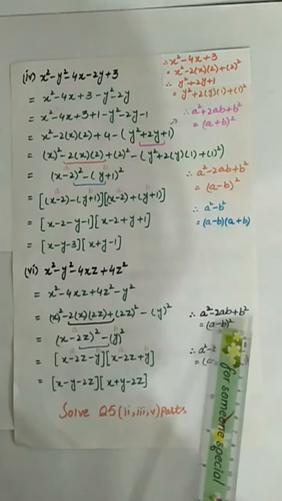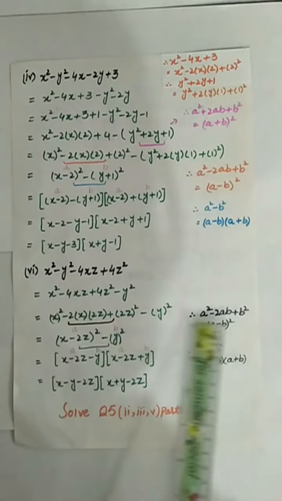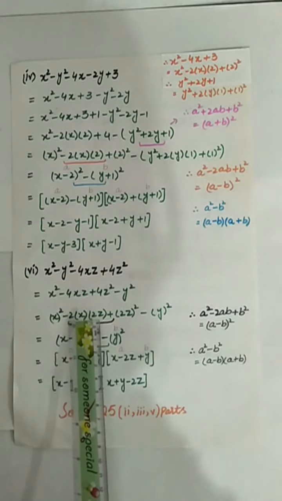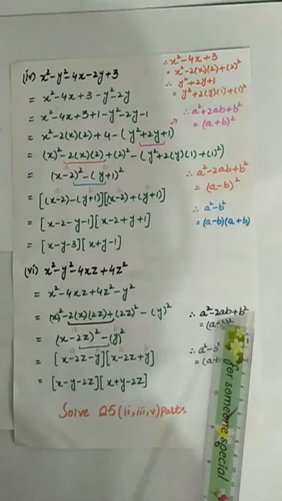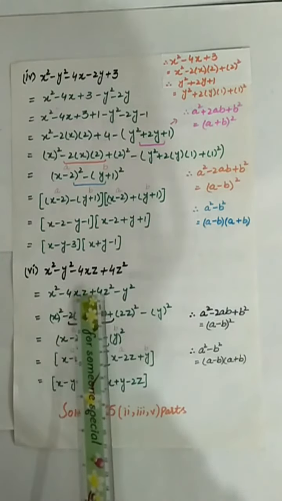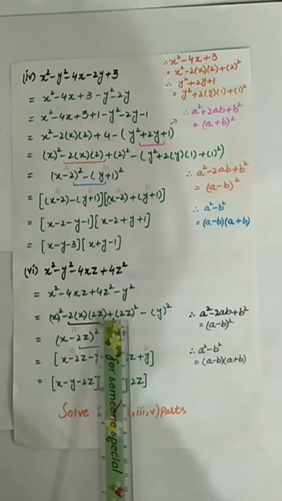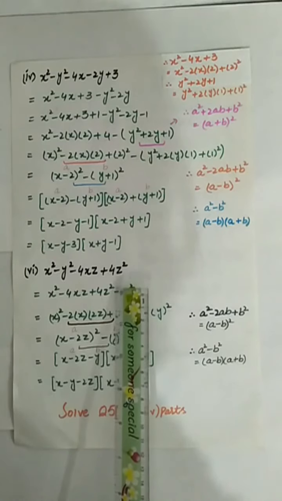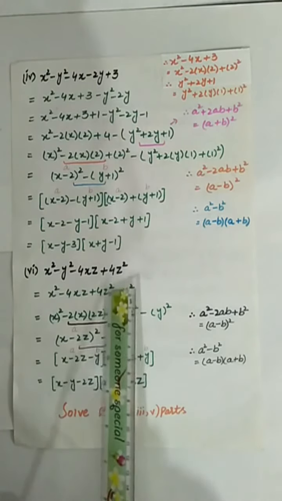X square, according to this formula, this is a square, x square is the square of x, so we will write it as x square minus. We will split this minus 4xz, written in the form of minus 2ab, so we will write it as minus 2 into x, and then b. What is b? 4z square is the b square. First we will convert the form of b square.